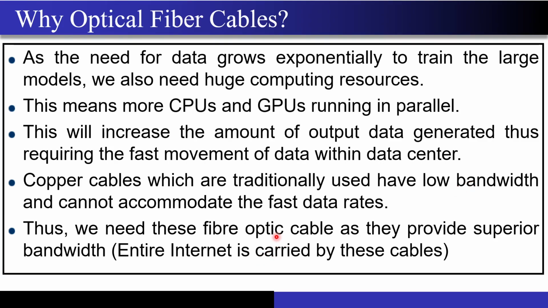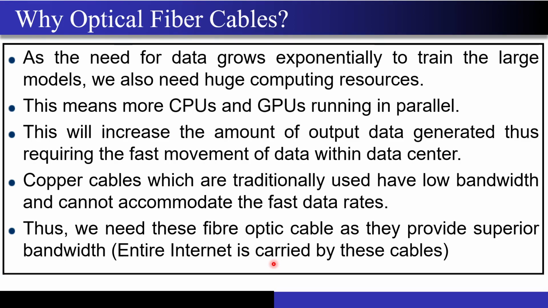You all know that the optical fiber cable has a huge bandwidth. These cables are responsible for carrying all the signals of the internet, right? So whenever you want to access something in the US, maybe you are running some query in Google, the signal from here may go to the base station, and from that base station the signal ultimately flows to the optical fiber cables which are laid out below the sea.